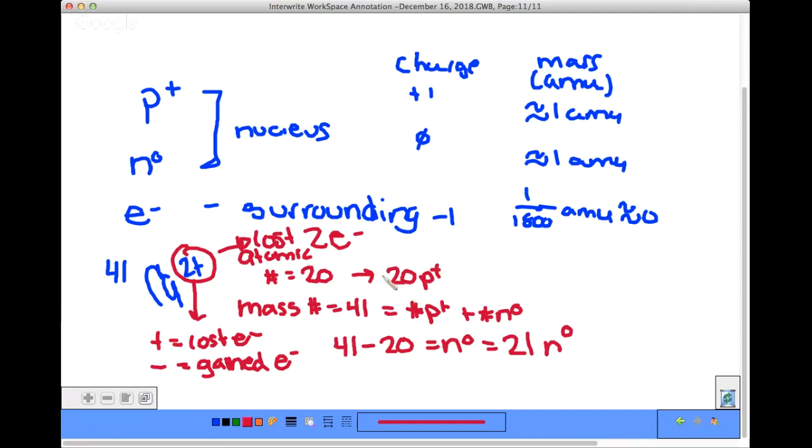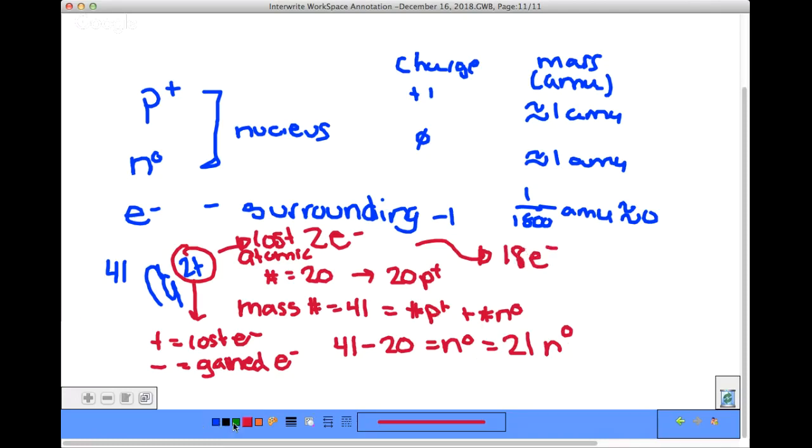If it was neutral, I would have had 20 electrons because the positive and the negative need to equal each other out. So if I had 20 protons to begin with, and if this was neutral, that means I had 20 electrons, but it's not neutral. It says I lost 2 electrons. That then means that I have 18 electrons.